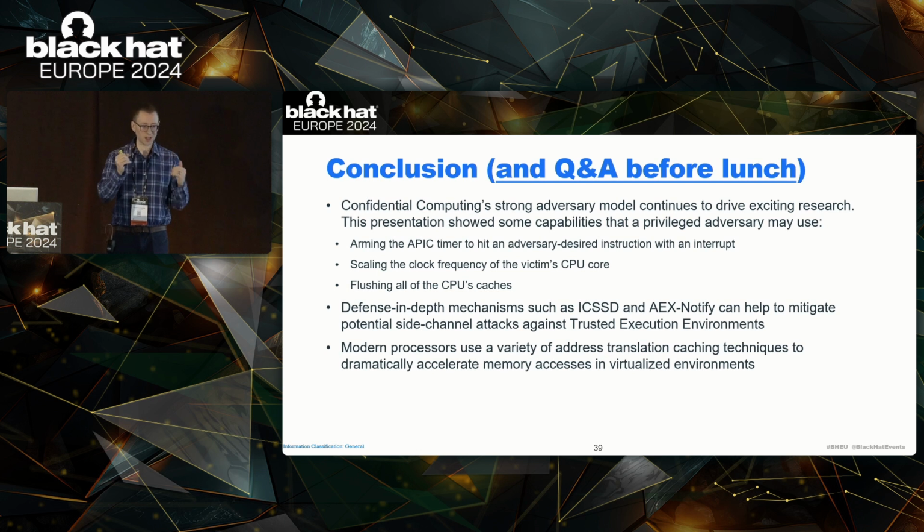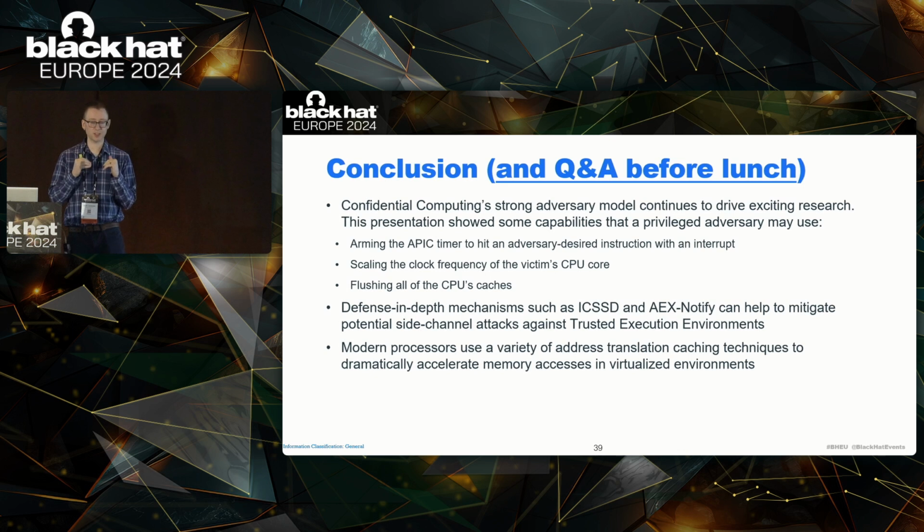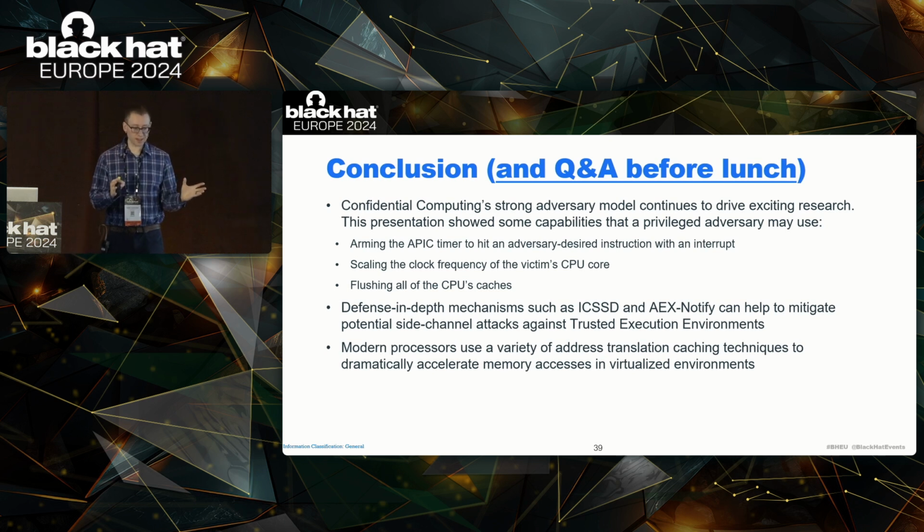One is that privileged software has access to privileged capabilities, such as using the advanced programmable interrupt controller, scaling and descaling the clock frequency of victim CPU cores, and finally, the ability to flush all of the CPU's caches on demand. But defense in depth mechanisms such as ICSSD and AEX Notify can help to mitigate potential side channel attacks against trusted execution environments.